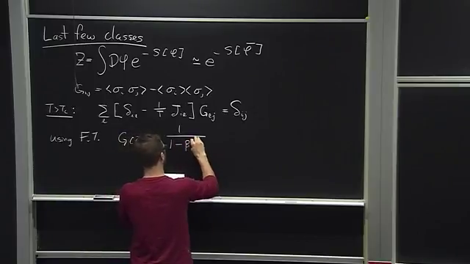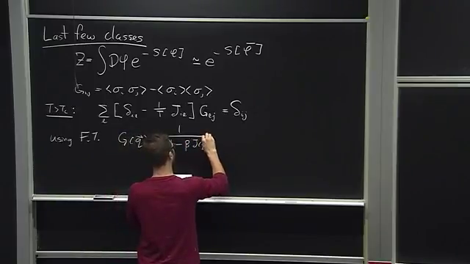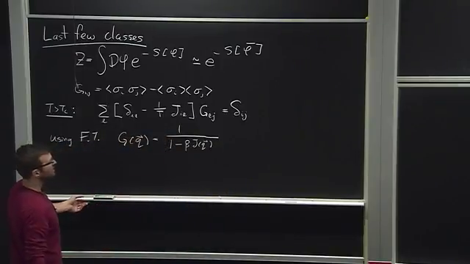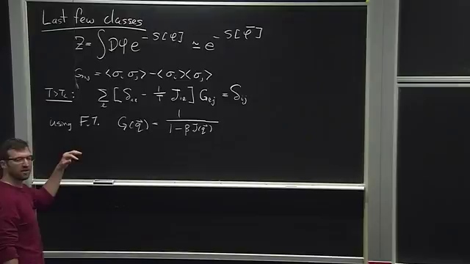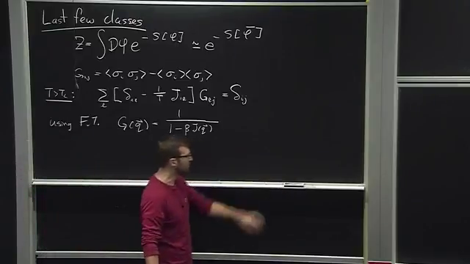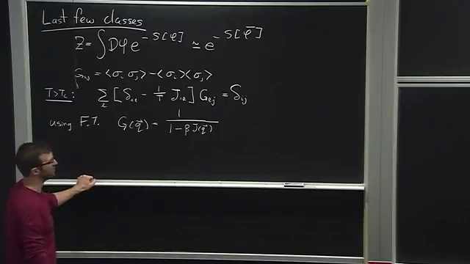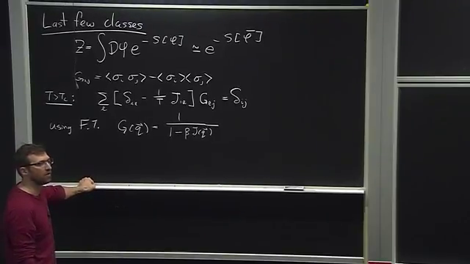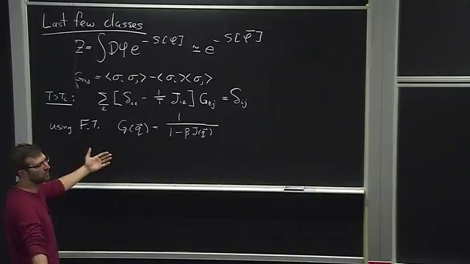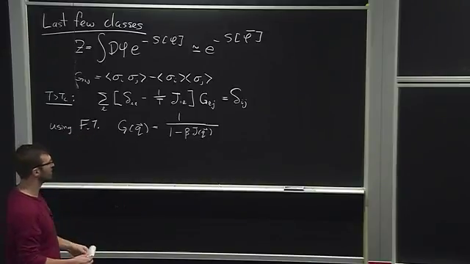It's 1 over T, that's beta JQ. And that's where I started discussing a series of approximations. One of them was that we're in the long wavelength limit and the wave vector is much longer than the interaction range.